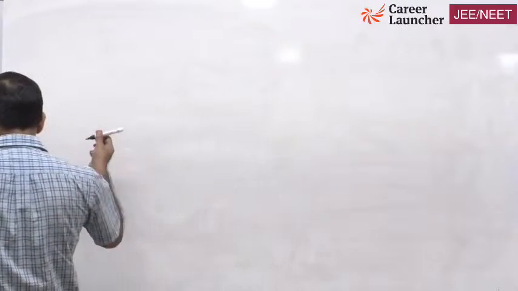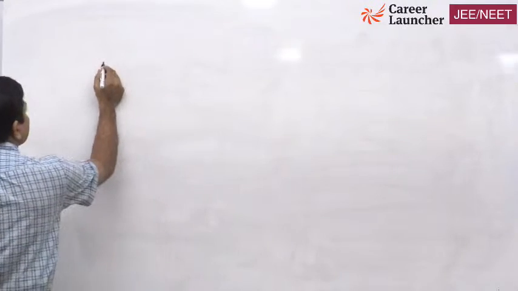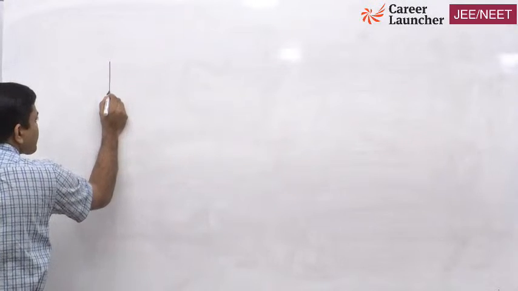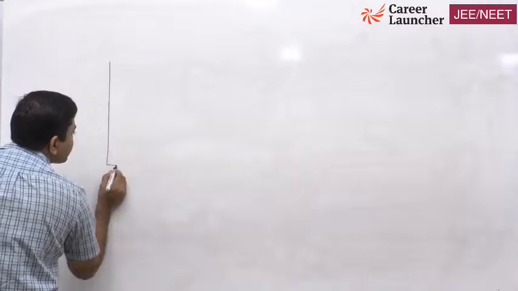The question is, drawing a diagram over here. Say this is a vessel ABCD.